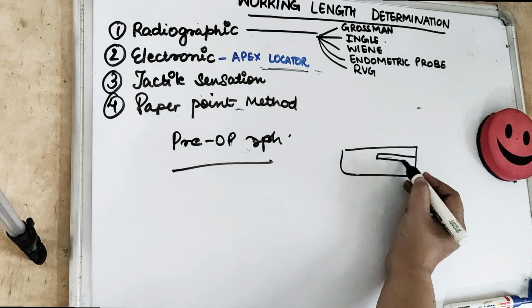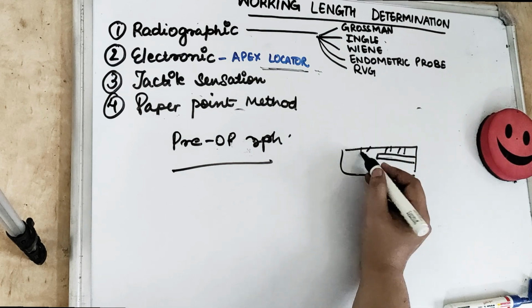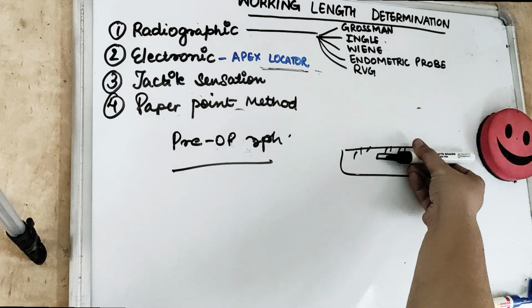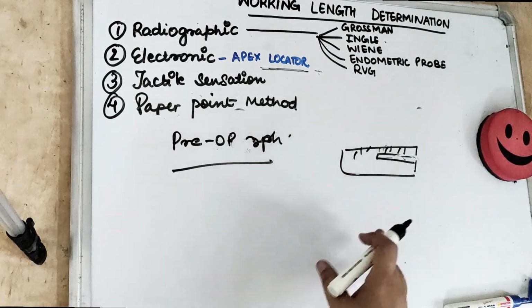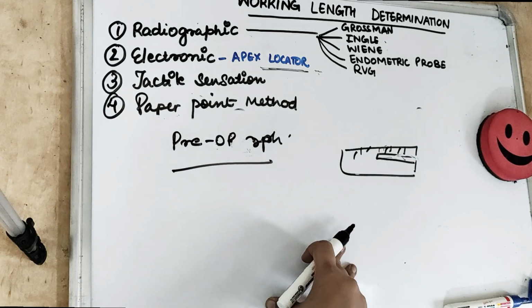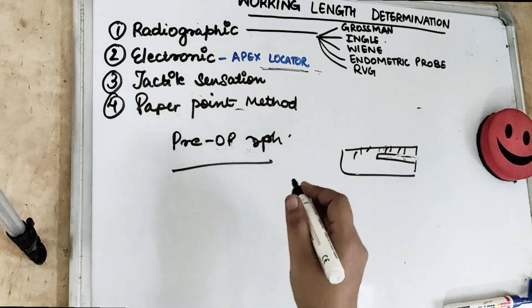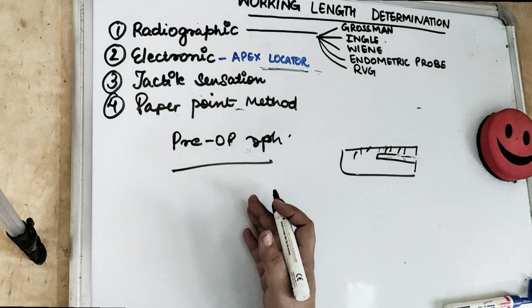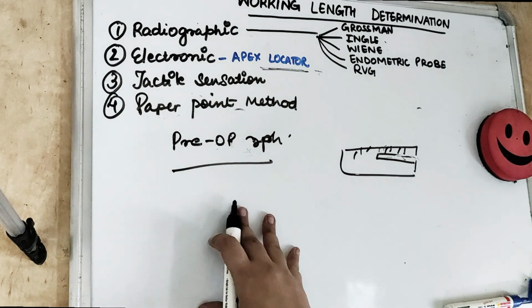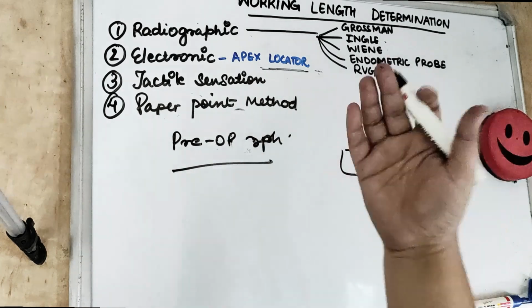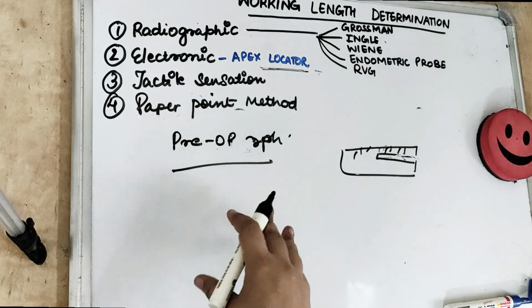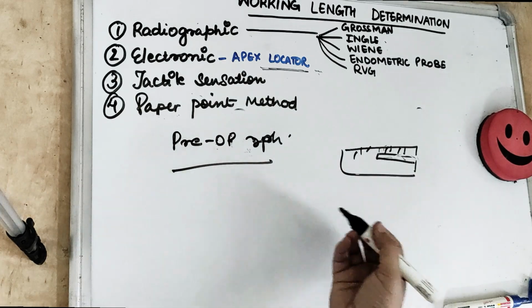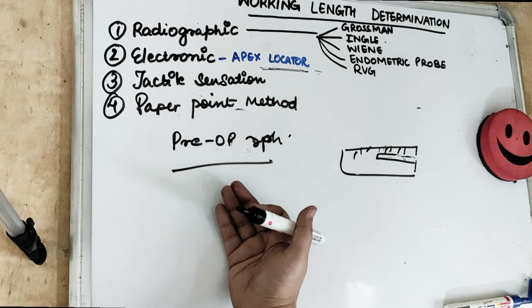There is a slot in it and markings are there. So we place the file and then we check how much it is. Basically accurate coronal access to all the canals should be done first. There should be straight line access, and then we take a pre-operative radiograph before doing the access opening. And then after we insert the file, we take one more radiograph.